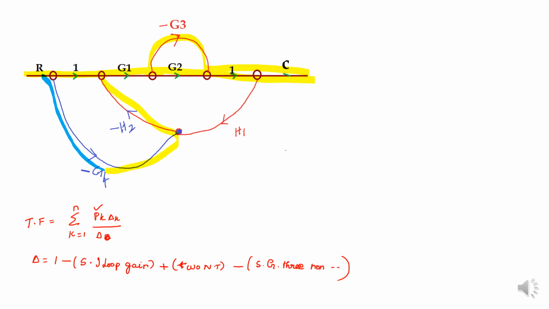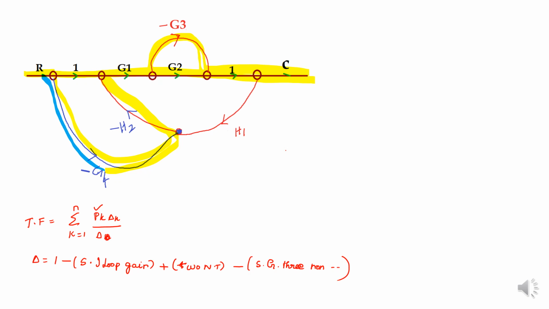And next, this is the fourth forward path. So all the forward paths are over. So what is a forward path? A forward path is a signal starting from the input and ending at the output.